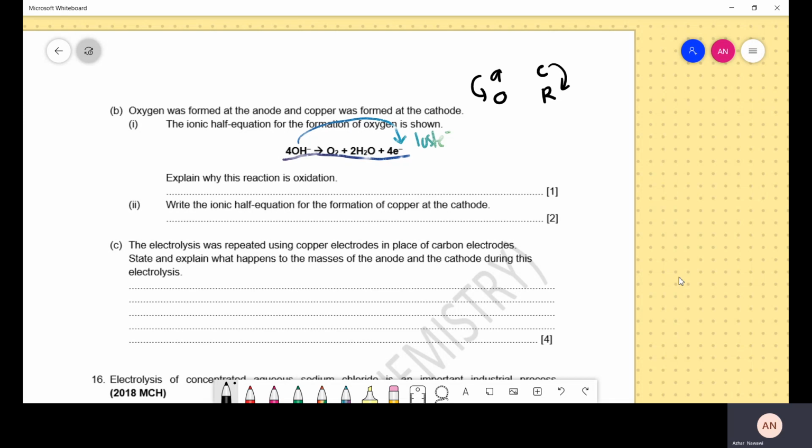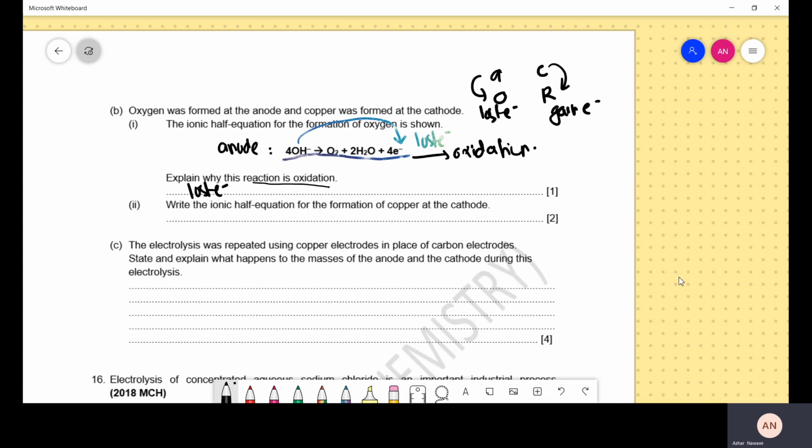Oxygen is formed at the anode, so you know this is for the anode. If you check the rules, anode is oxidation, so this is an oxidation reaction. Why is it oxidation? Because it loses electrons. Another thing to remember: oxidation is loss of electrons, reduction is gain of electrons.